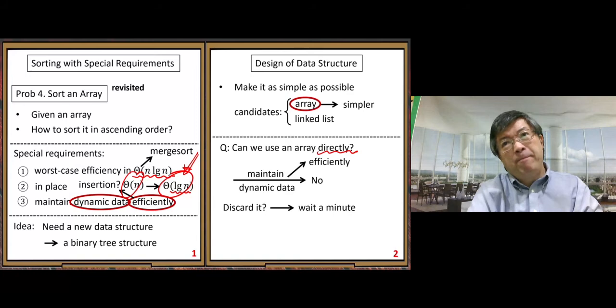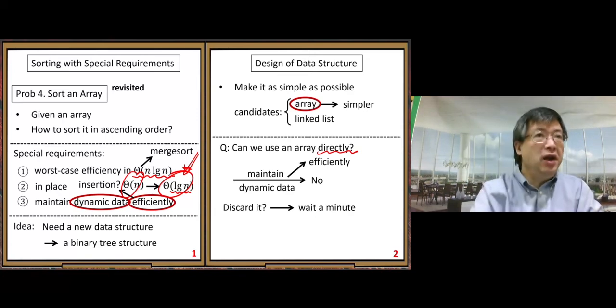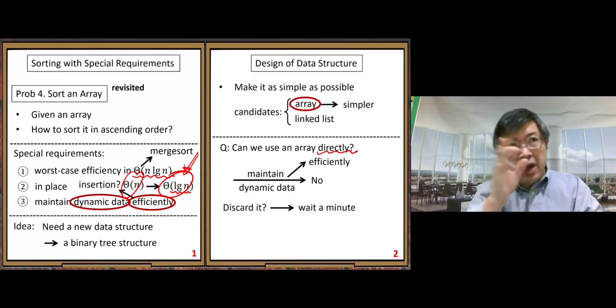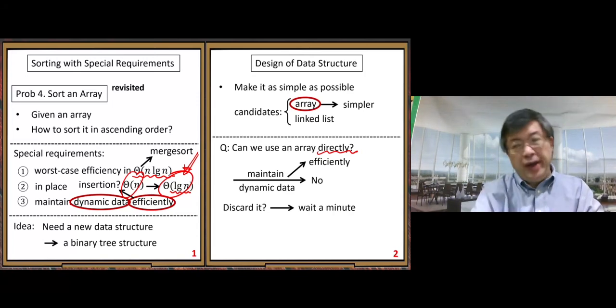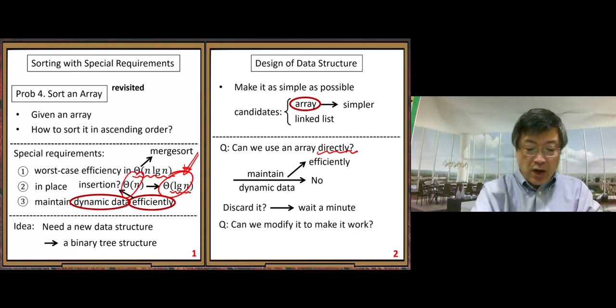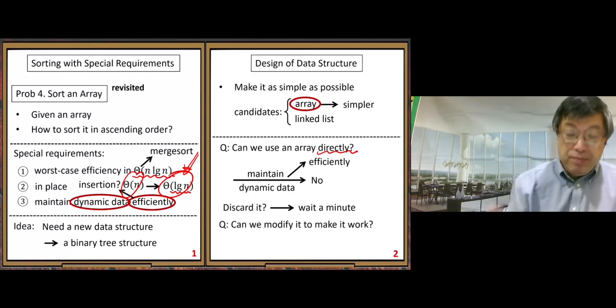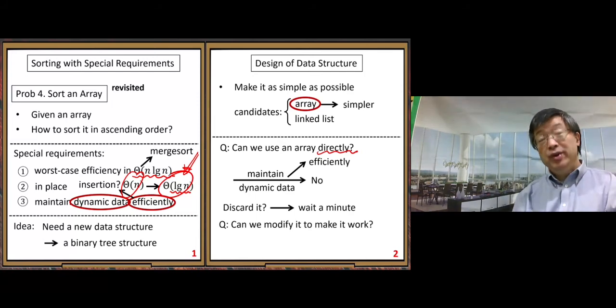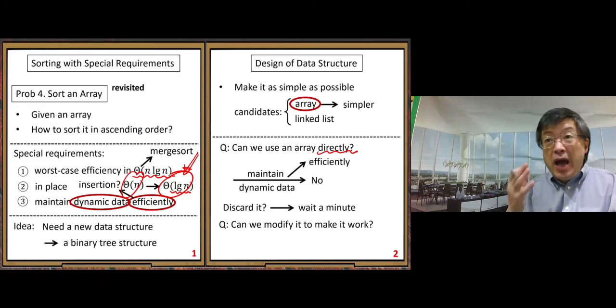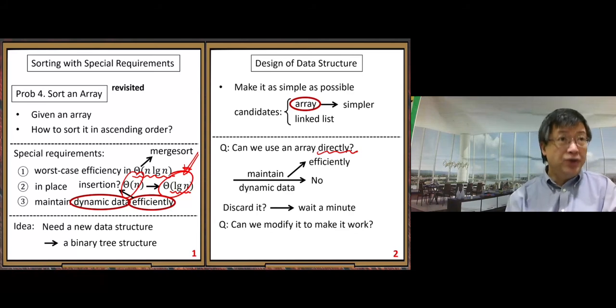Most people don't like to use linked lists. So before we have to switch to the linked list, we have to try another time on the array. Can we modify it to make it work? We can add some special structure in an array to make it work efficiently.